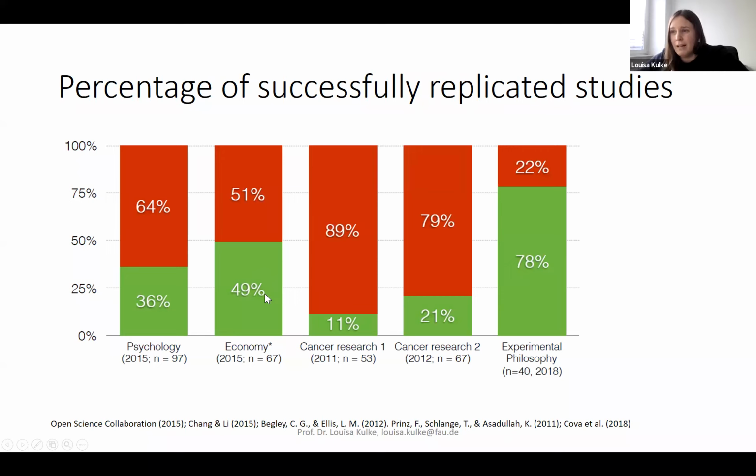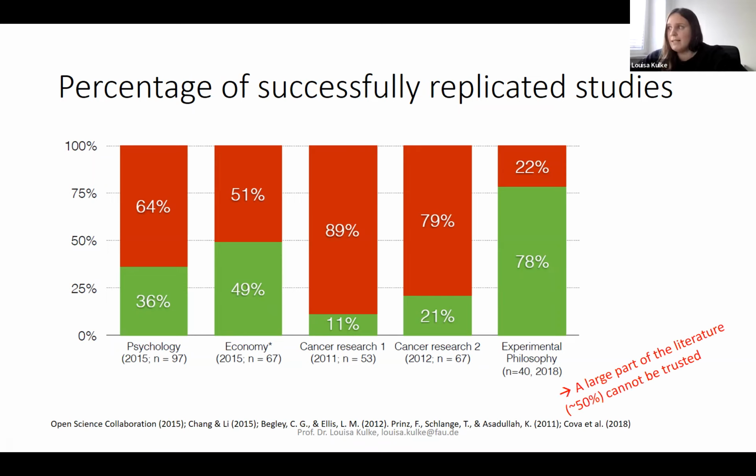In economics, about half of the papers, but here it's important to know that it's about reproducibility. So they didn't do the studies again, but just the analyses. And quite shocking, in cancer research, there's even in some studies just an 11% chance of replicating it. So that means 89% of the studies were not reliable enough to show the result independently.